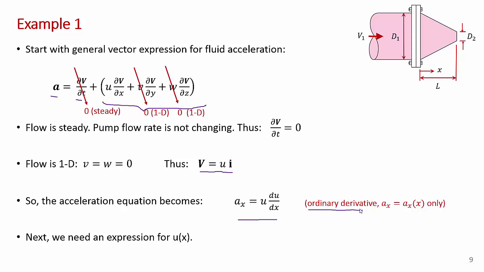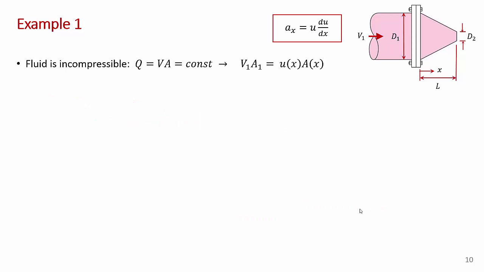So now to get an analytical expression for the acceleration in the x direction, we just need an expression for how the velocity varies in the nozzle. And that's pretty straightforward. We can do that using the concepts from the previous chapter. We know the flow is incompressible, it's a liquid, so the flow rate is a constant, VA is a constant.